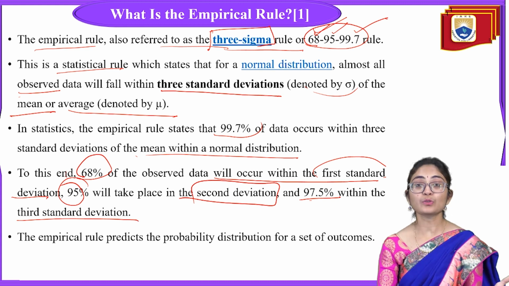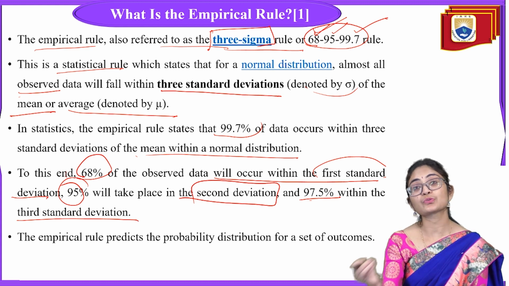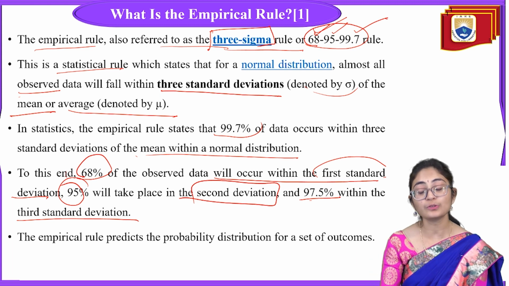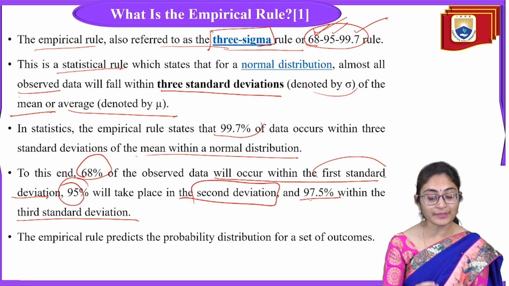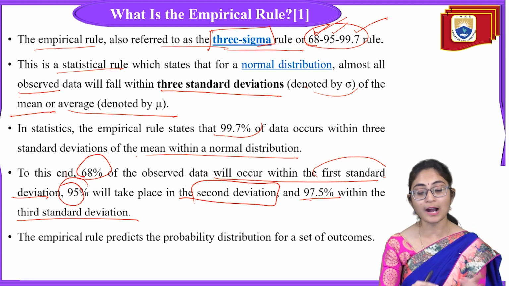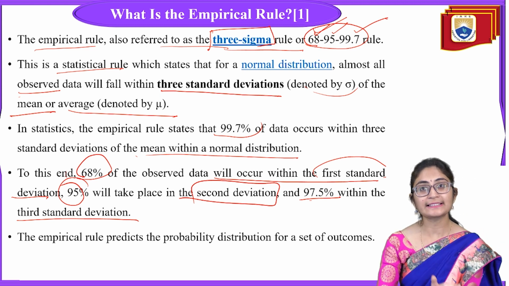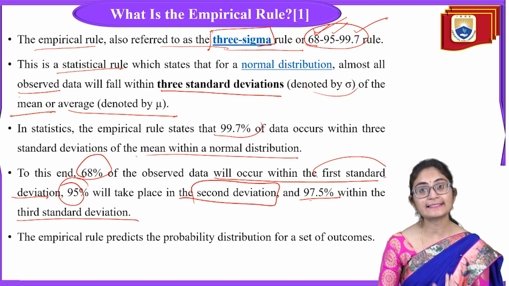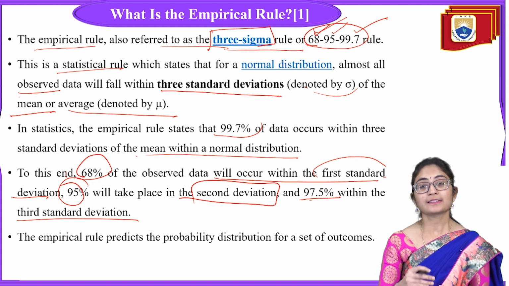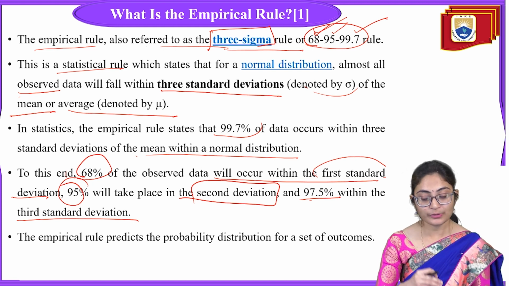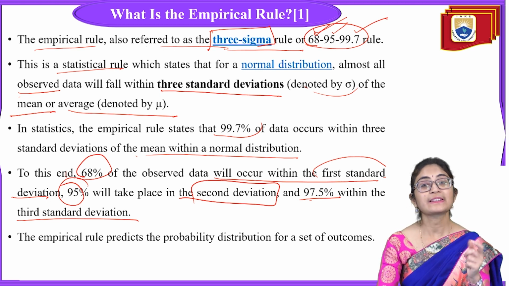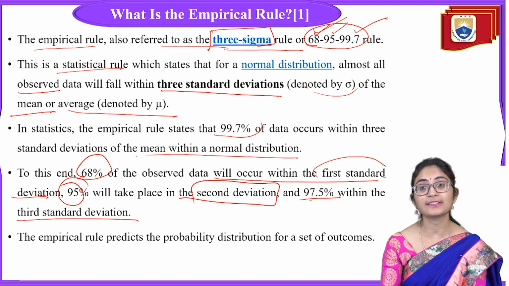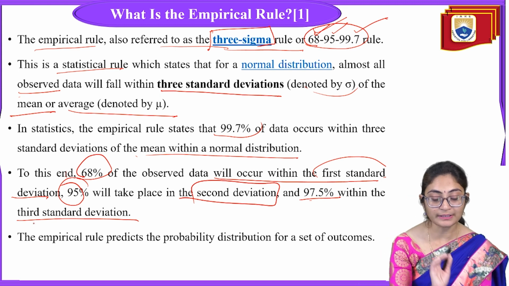I already told you that the standard deviation is totally related to the empirical rule and to statistics, and these things are very important. These 3 sigmas contain your deviations: 68 is the first standard deviation, 95 the second, and 99.7 the third.